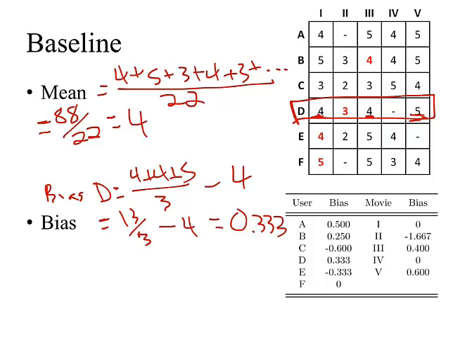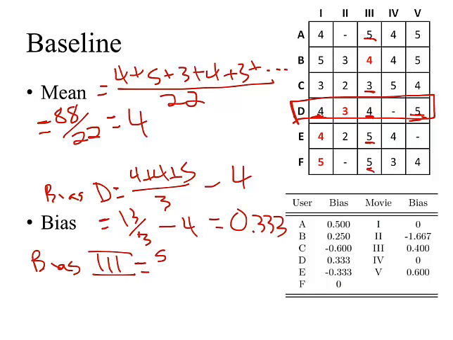And then we can look at the bias of movie 3. So the bias of movie 3 is equal to, so we have 5, 3, 4, 5, and 5 here. So we have 5 ratings.